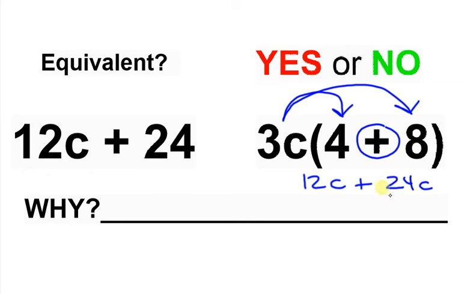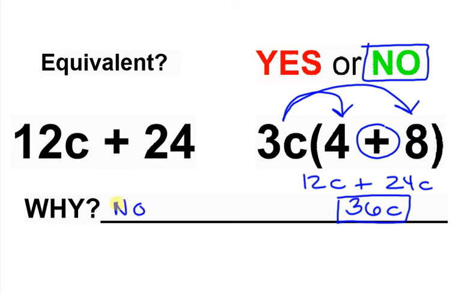So what is 12c plus 24c? 36c. So, is 36c equal to 12c + 24? No, it's not. You cannot combine these two over here because they did not have c's, but you could combine these two because they did have c's once you did the distributive property. So the reason why is they are not equal.